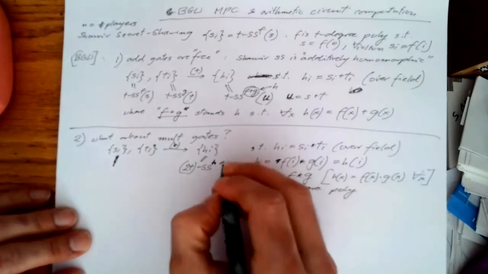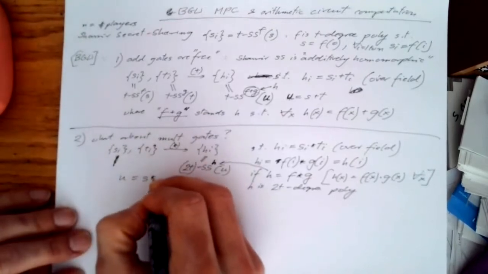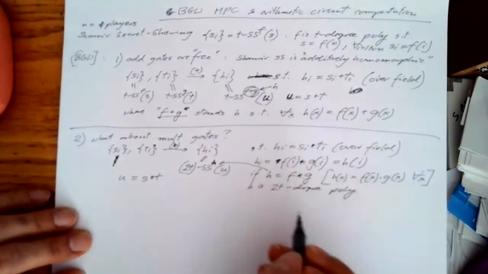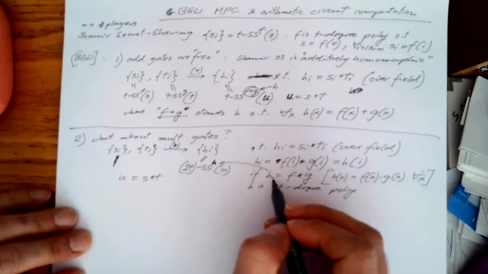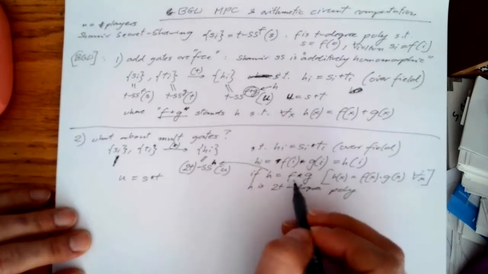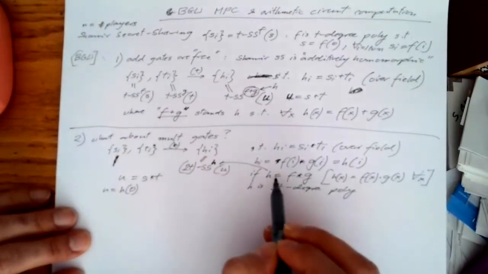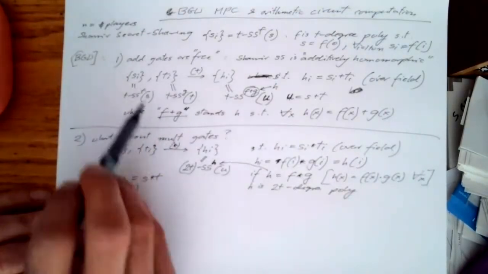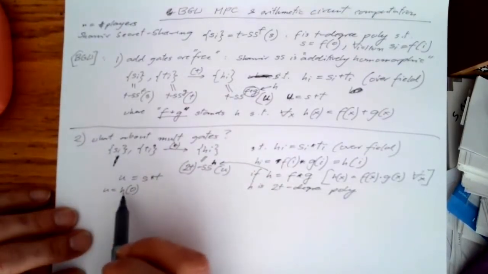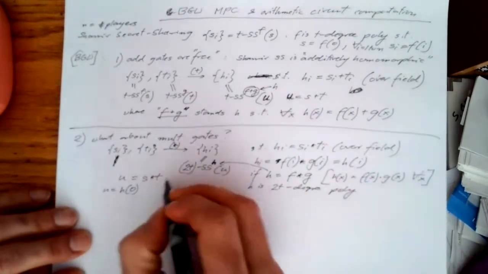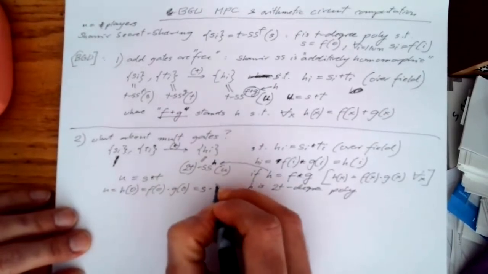The value u I wanted is s times t. So h is defined as the product of these two polynomials, and u is defined as h of 0, which is f of 0 times g of 0, which is s times t.